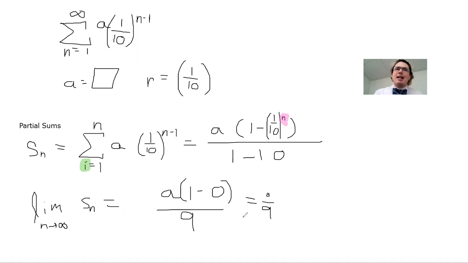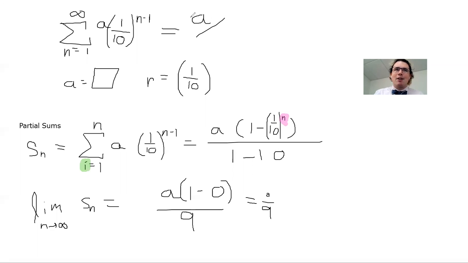Now, I could have made this calculation from the very start using the geometric series formula, and that really is the more practical way to do this. You just say, yes, this is a geometric series. I know the formula for geometric series. The formula says I take my initial value, a, and I divide by 1 minus, excuse me.